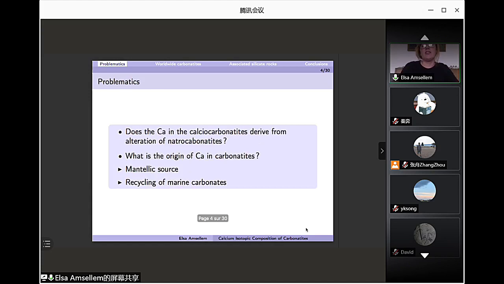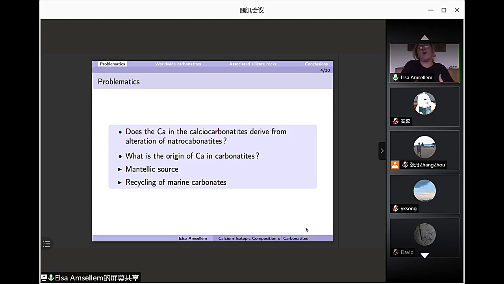So the idea of this study was to use calcium isotopes to trace the origin of calcium in these rocks, which will correlate with the origin of carbon in these rocks. Our main questions are: does the calcium in the calciocarbonatites derive from alteration of the modern natrocarbonatites? In other words, what is the origin of calcium in carbonatites?